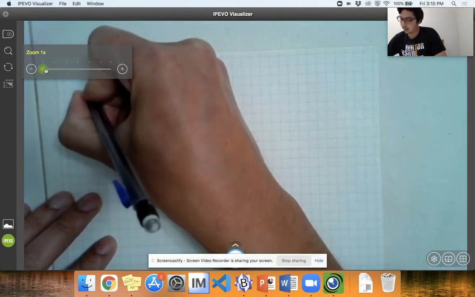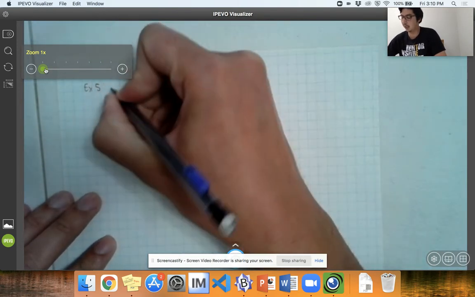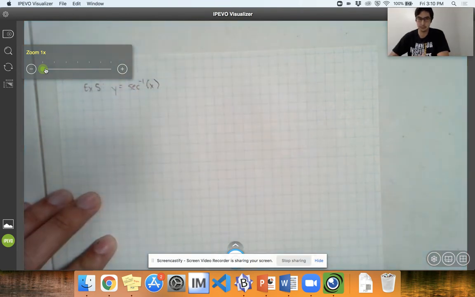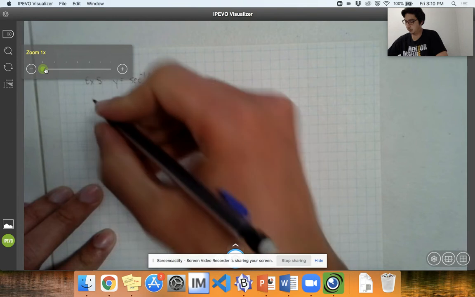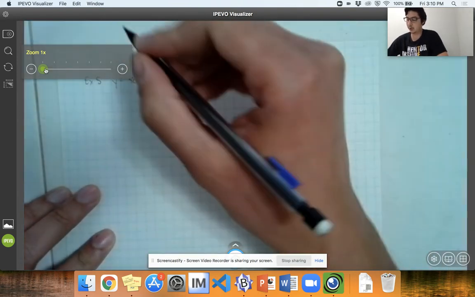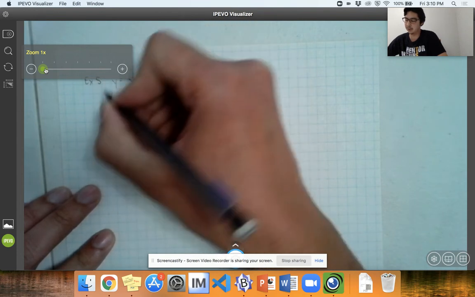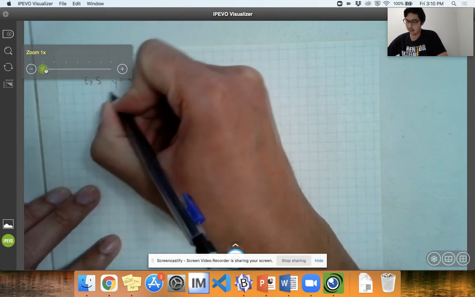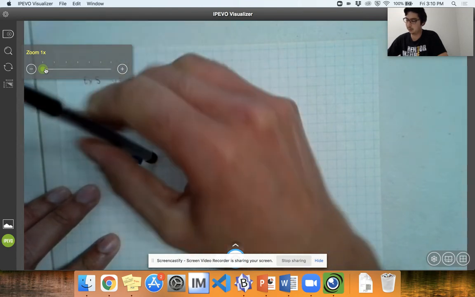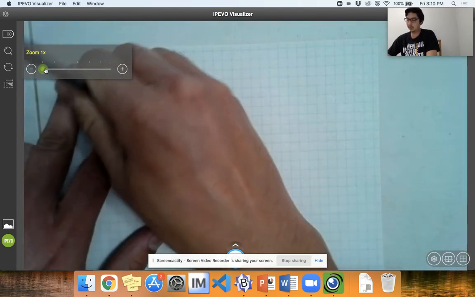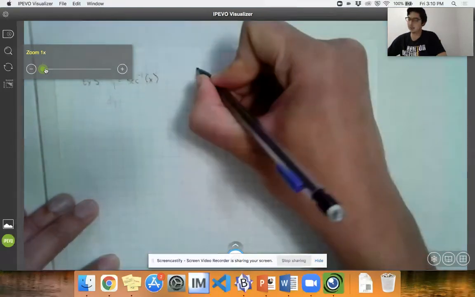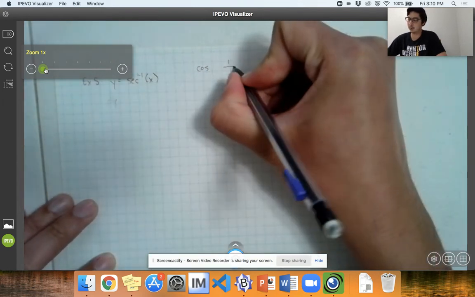Okay, example 5. Let's now look at y equals arc secant of x, the last one. Now, we would do it the same way we did all the other ones. Well, a little trick here. We're not actually going to do it the same way as the other ones. Instead of looking at y equals secant of x, remember that secant is 1 over cosine.